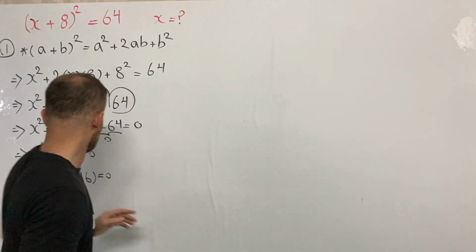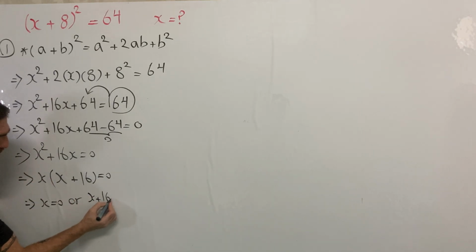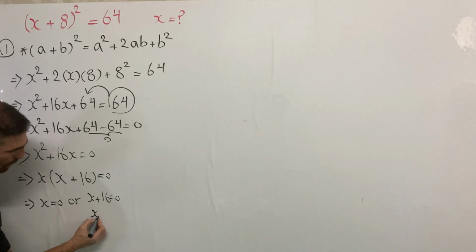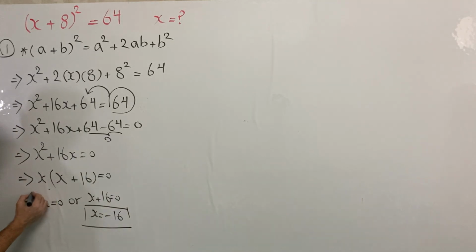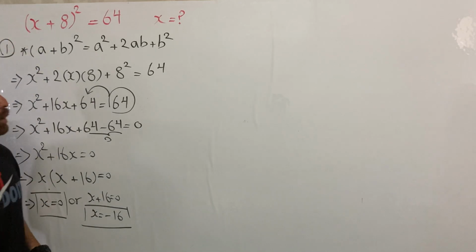So I can set x equals 0, and or, do not forget, or x plus 16 equals 0. When x plus 16 is 0, x is going to be negative 16. And these are the two answers of our question. This is solution number 1.